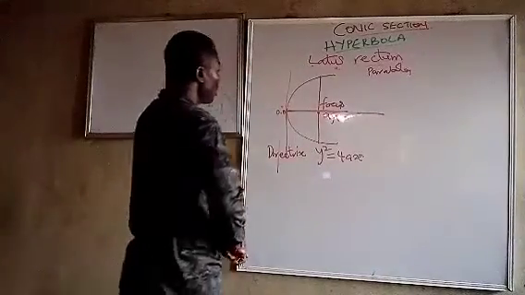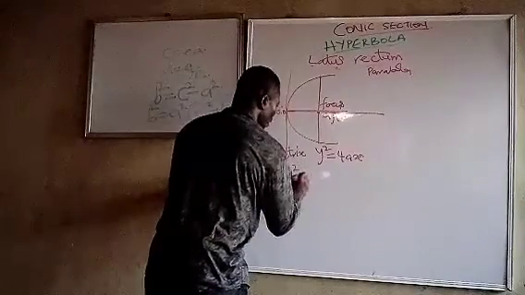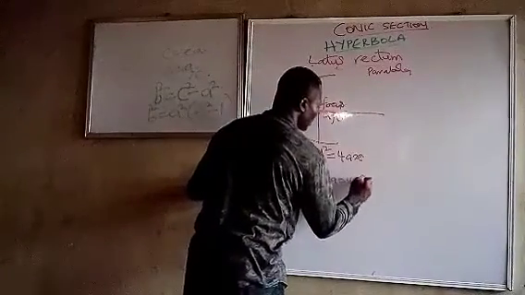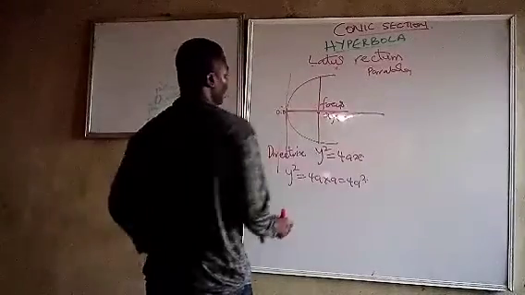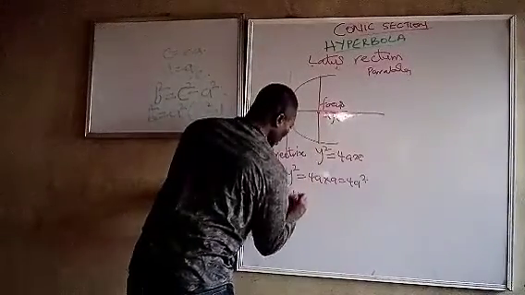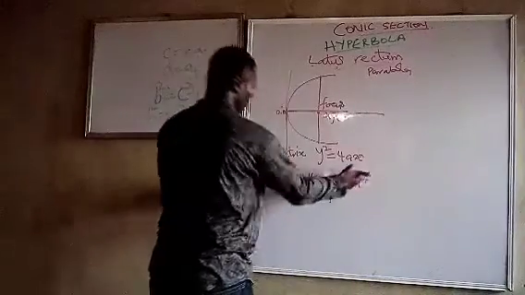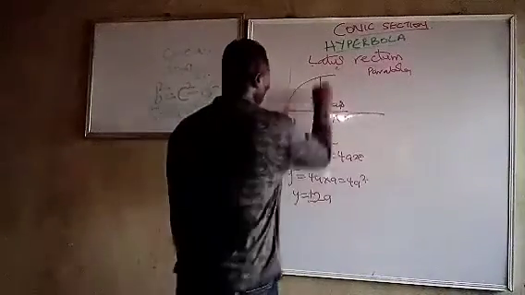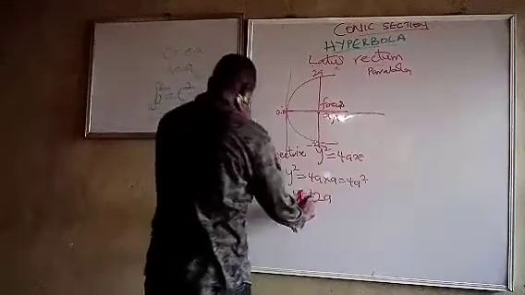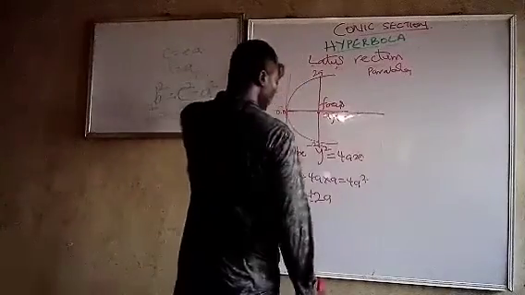The focus is at the point a, so y squared equals 4a times a, which is 4a squared. So y equals plus or minus 2a, the square root of this. So we have 2a here and minus 2a here. That's the point at which the chord that passes through the focus touches the curve.